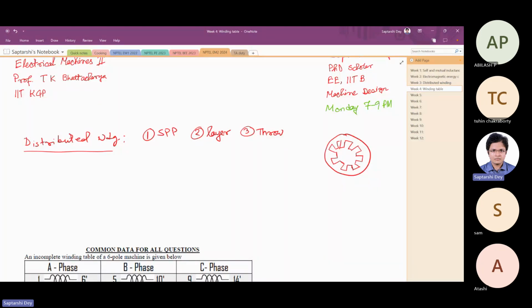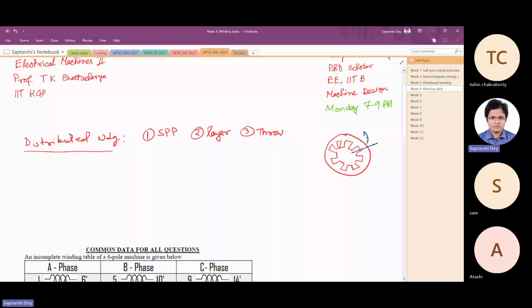When we are studying machines, what we do sometimes is make a cut here. Means not a physical cut. We imaginarily make a cut here and lay the machine open. So in that way, it will look something like this.